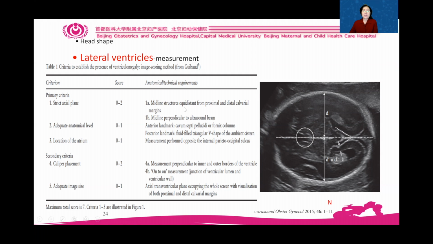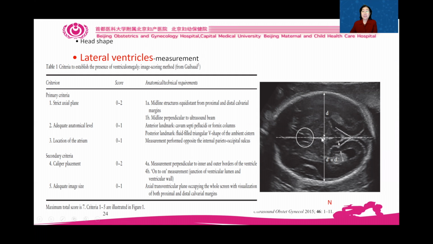Its important requirements are midline structures equidistant from proximal and distal margins, yes, equidistant, and midline perpendicular to the ultrasound beam.